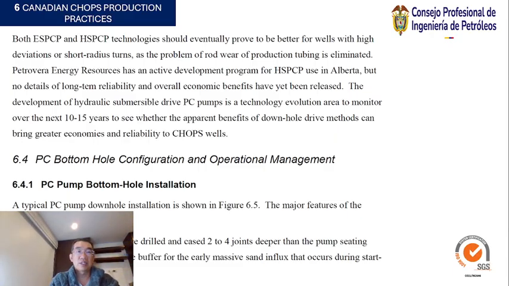Both ESPCP and HSPCP technologies should eventually prove to be better for wells with high deviations or short radius turns, as the problem of rod wear of production tubing is limited.